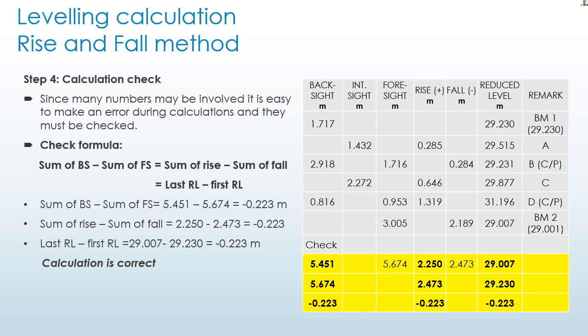The next step is to do a calculation check to make sure we have done the calculations right. So now let me just quickly remind you how you can get the reduced levels of each point over here before we do the calculation check.